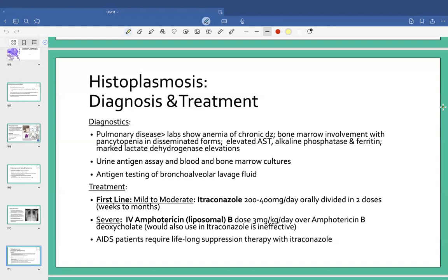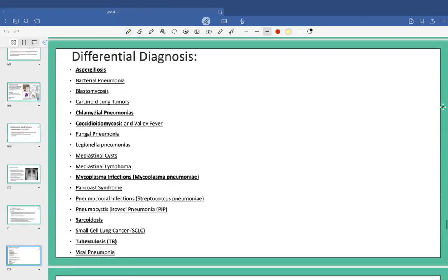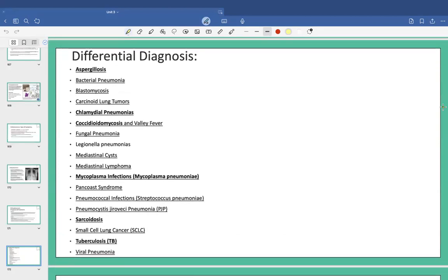The differential is green. It is a lot on here. You don't memorize all of these. I bolded the most common ones. Aspergillosis, which we're going to talk about last.